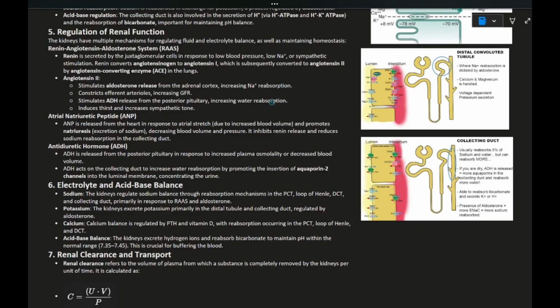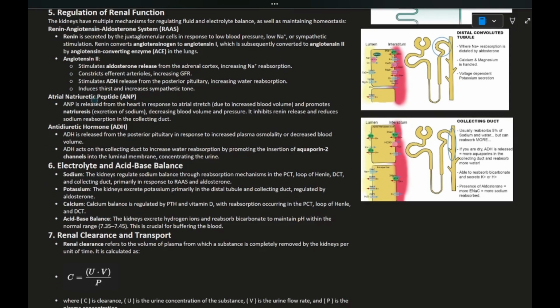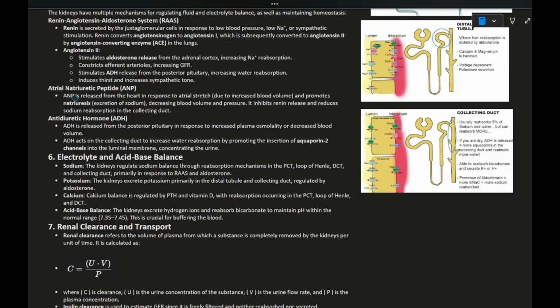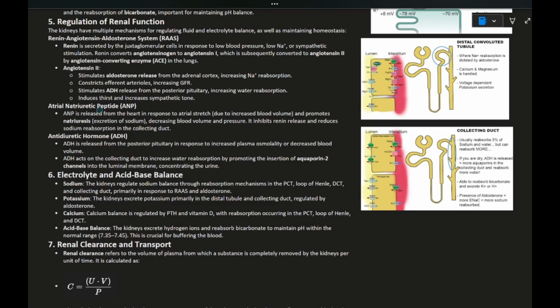And finally, it's going to induce thirst while increasing sympathetic tone. So these are some remarkable features of the product angiotensin 2. Okay, what else is there besides the RAS system?